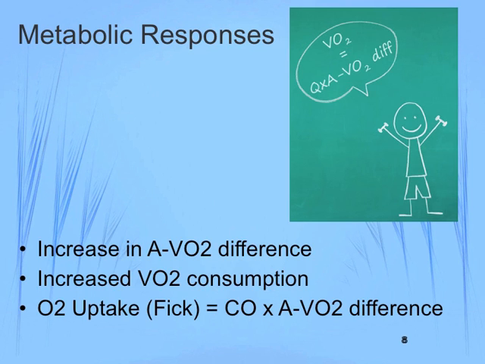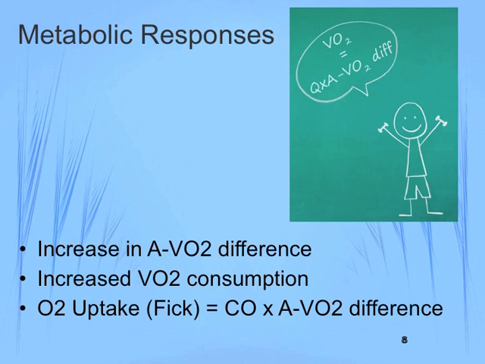And so the metabolic responses that we see is an increase in our AVO2 difference when we exercise. If you recall what AVO2 difference is, that's the oxygen content in the arterial blood before it gets to the muscle, compared to the oxygen content in the venous blood after it leaves the muscle. And we see a greater difference in this arterial and venous blood.